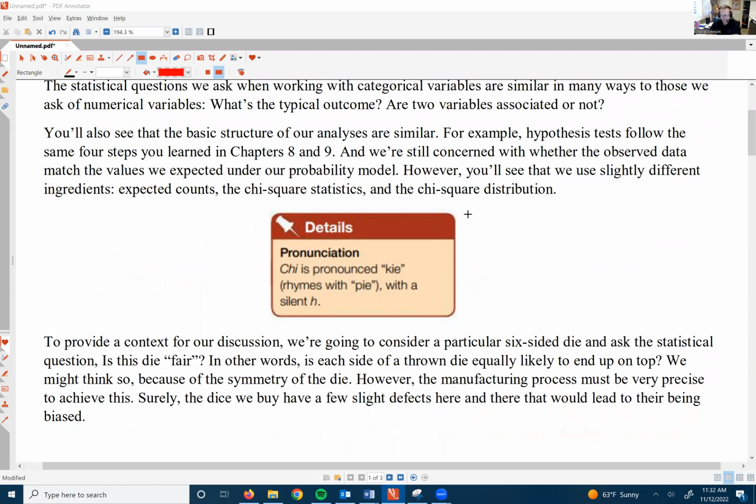We might think that this die is fair because of the symmetry of the die. However, the manufacturing process must be very precise to achieve this. Surely the dice we buy have a few slight defects here and there that would lead to their being biased.